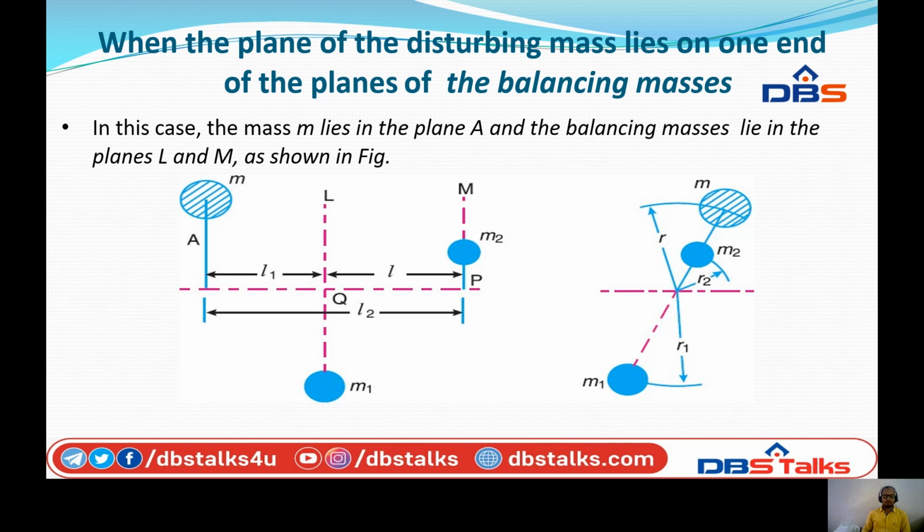So for balancing, if you see the right side diagram, the M and M2 are to be combined, and these are balanced by a single mass M1.